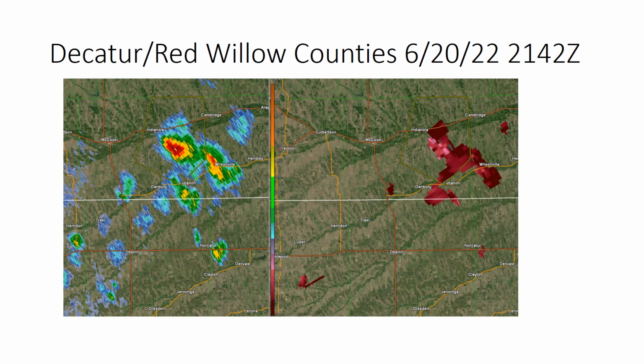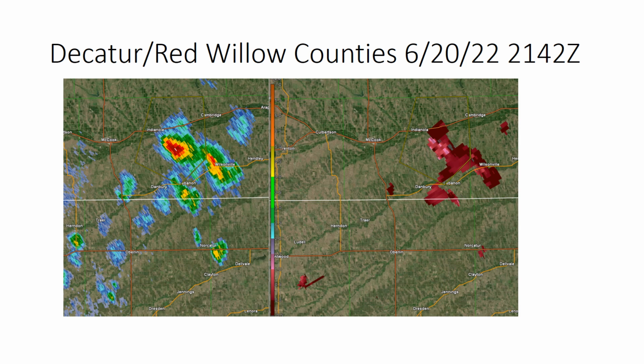This was the image right after the estimated 70 mile an hour winds were reported. You can notice that the KDP core has completely dissipated as well.